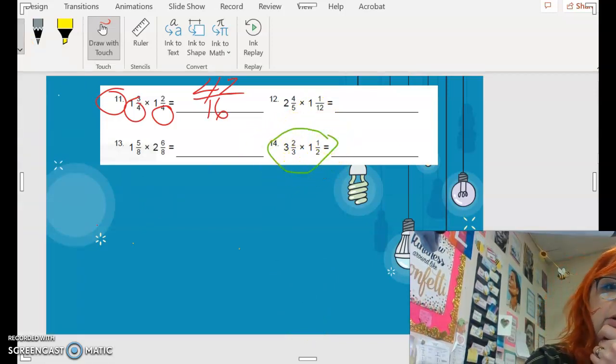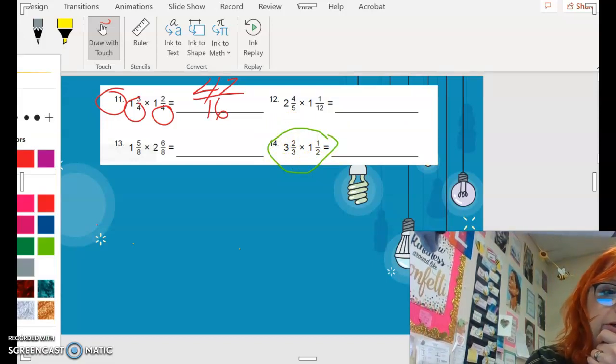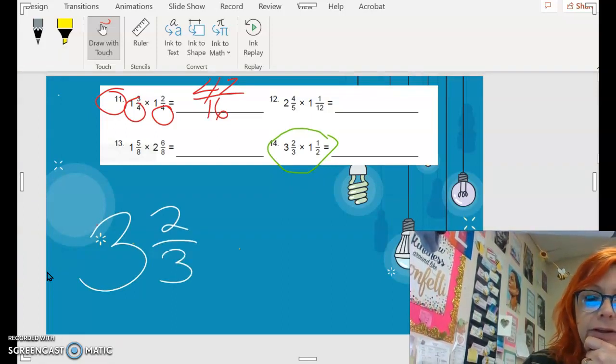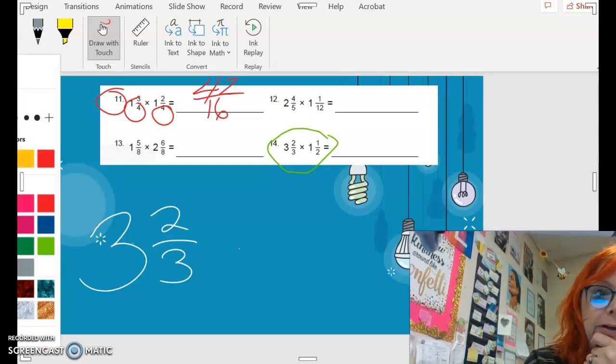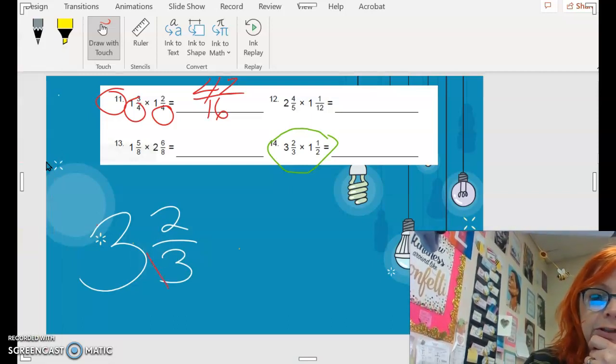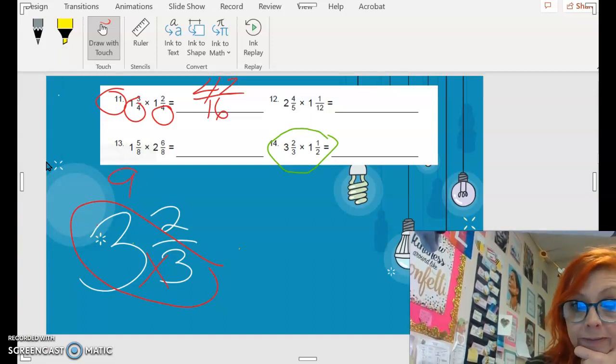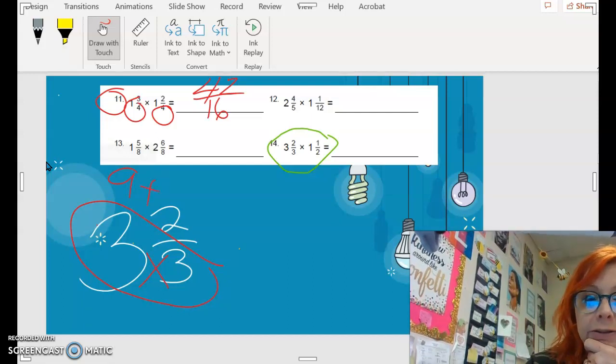All right, what is the first step before I do anything else? I'm going to multiply. What am I going to multiply? I'm going to multiply this, 3 times 3. What do I get? 9. Now what do I do? Now I add to my numerator, 9 plus 2.